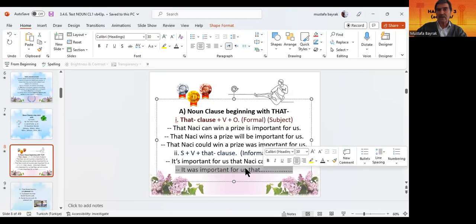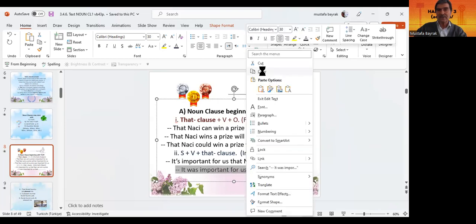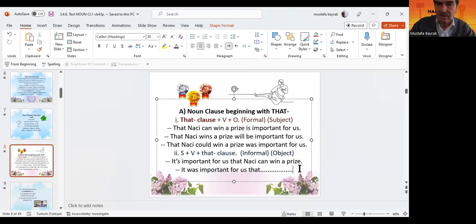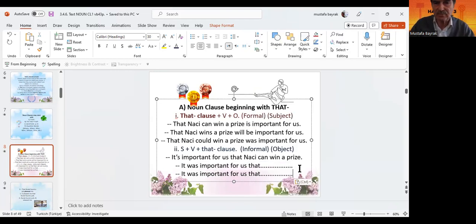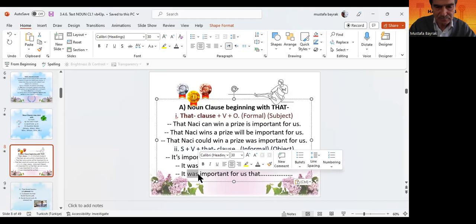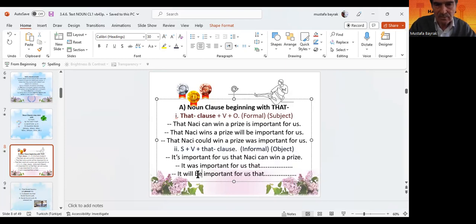Or let's again copy this and paste it here with simple future. It will be important for us that Naci wins a prize, or that Naci will win a prize in the future.